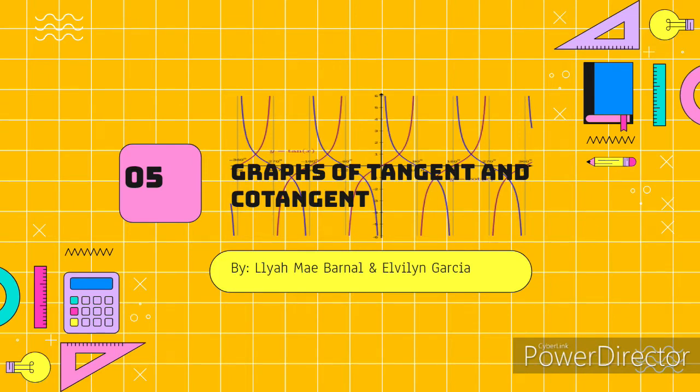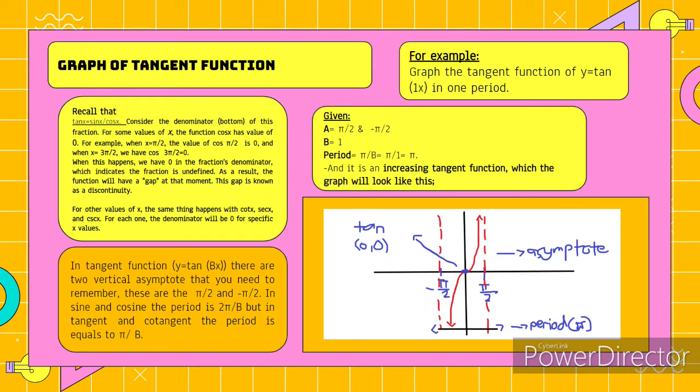Next, we have here the graph of cotangent and tangent. Graph of tangent functions. Tangent x is equal to sine x over cosine x. Consider the denominator of this fraction. For some values of x, the function cosine x has a value of 0.